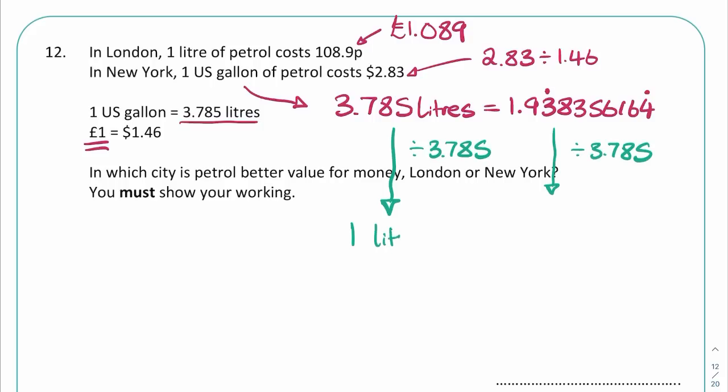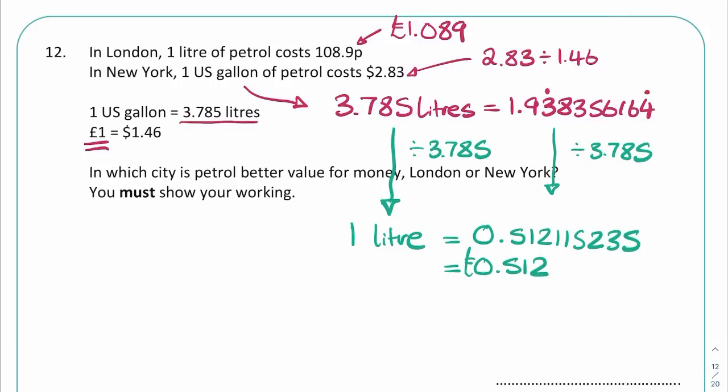So 1 litre is going to equal, and when you type that in, you get, and this is not even anywhere near the other one, 0.512115235. Now if I keep that to the same amount of decimal places as the other one, 0.512, and that's now pounds for 1 litre, and that's in New York.